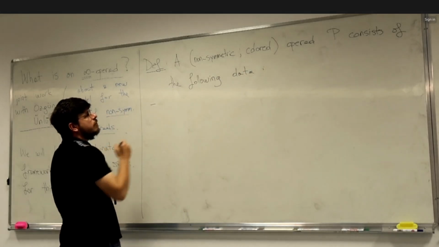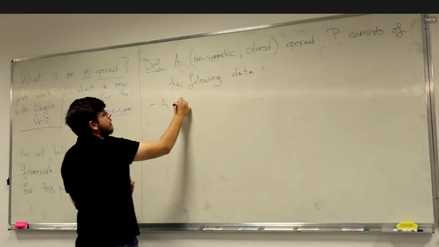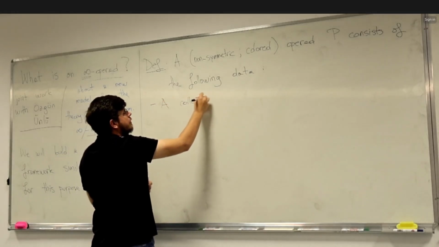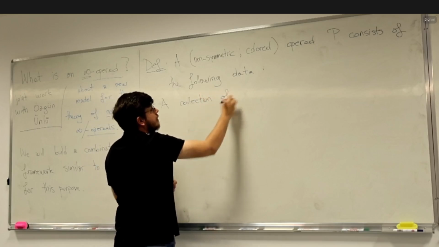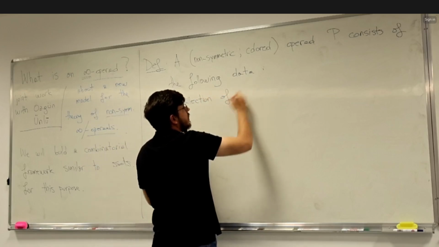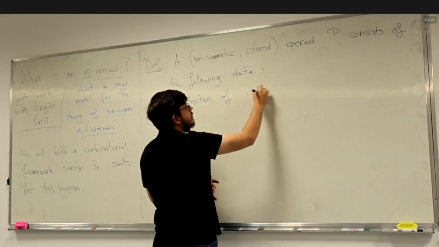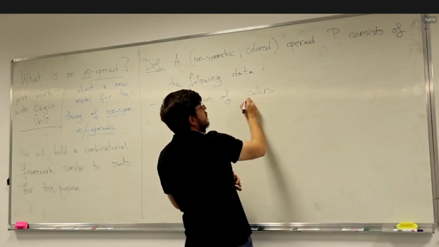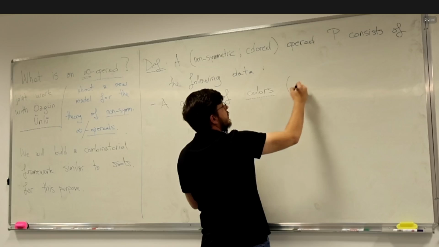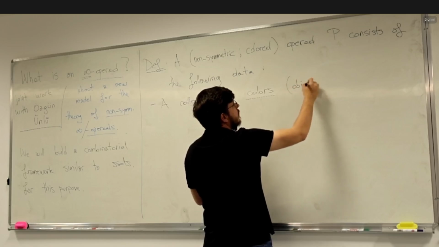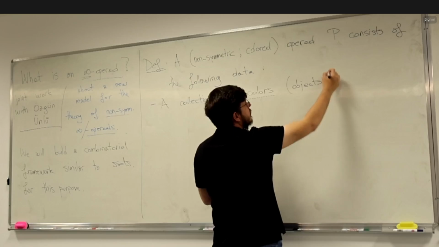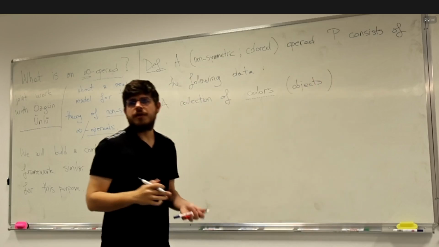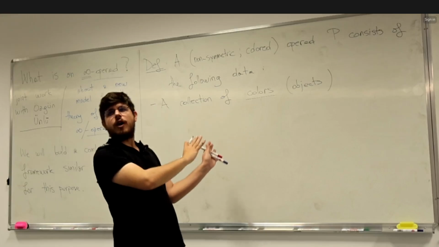Number one, we have a collection of colors, and this is just traditional terminology. You can think of these as maybe objects in analogy with category theory. So we have some objects which we call colors.